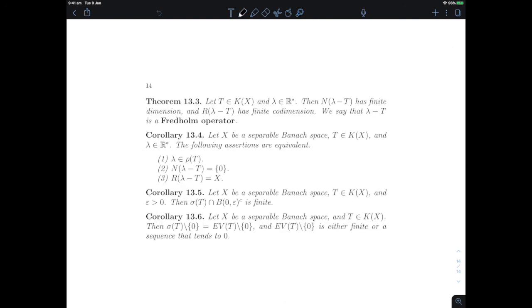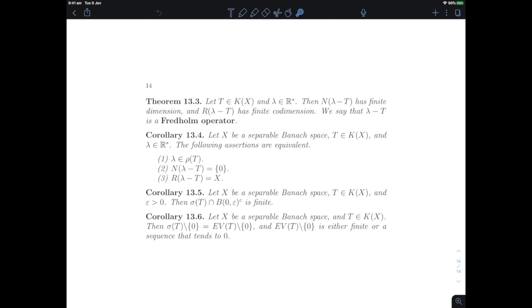Putting all of this together, we get corollary 13.6. So at least in separable Banach spaces, we have the same results that we did get in Hilbert spaces, namely the fact that for compact operators outside of 0, every element of the spectrum has to be an eigenvalue, and that the set of eigenvalues is either a finite set, or if it's a sequence, that sequence tends to 0.